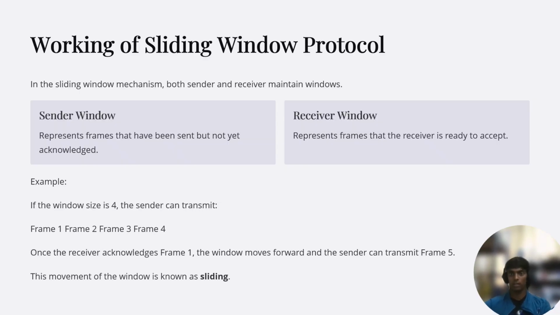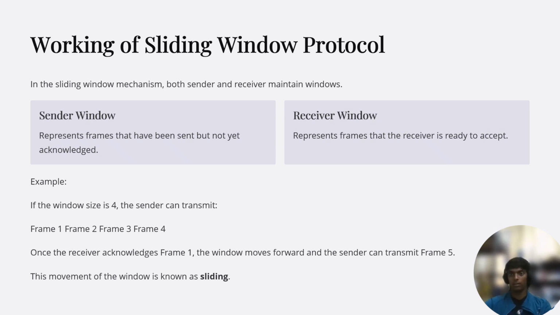Now let us see how the sliding window protocol works. In the sliding window mechanism, both the sender and the receiver maintain windows. The sender window contains frames that have been sent but have not yet been acknowledged. The receiver window represents the frames that the receiver is ready to accept.